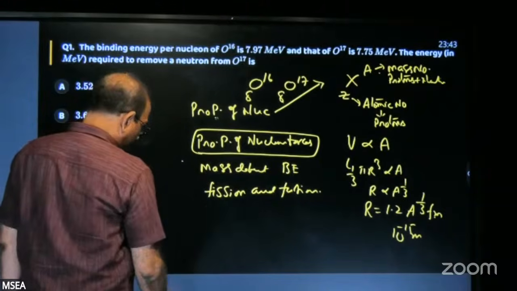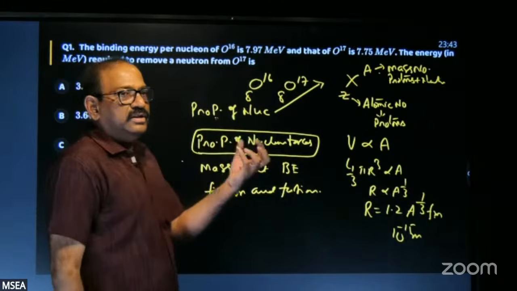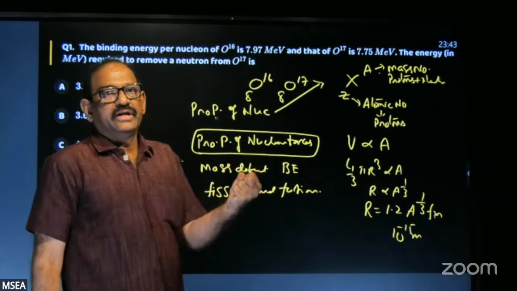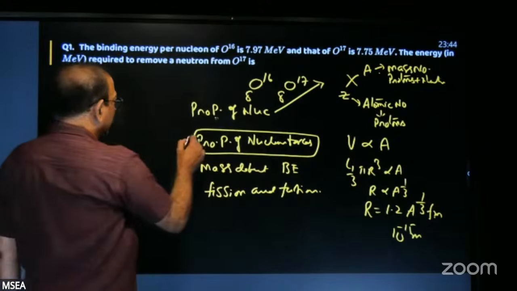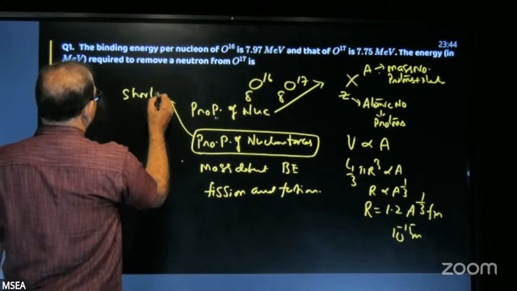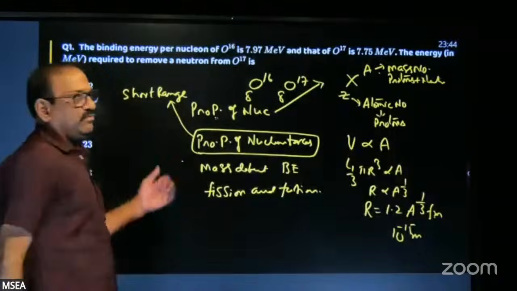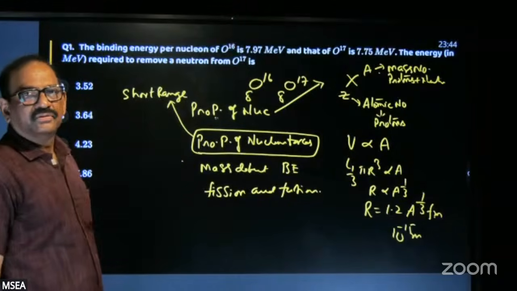Nuclear forces. Strong attractive forces are there among these nucleons in a nucleus. These nuclear attractive forces are short range forces. They are not long range forces, they are short range.